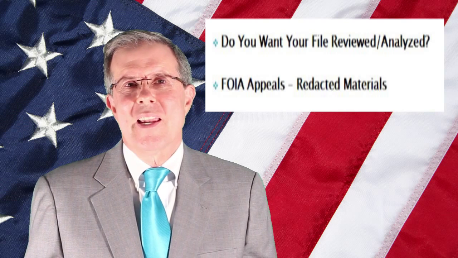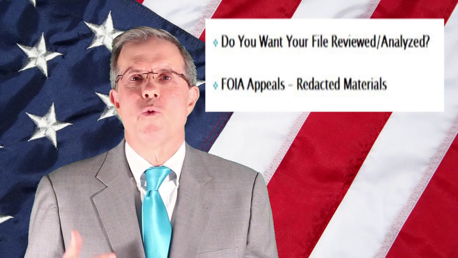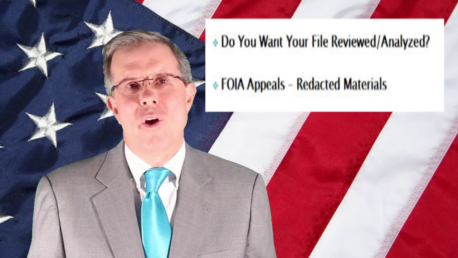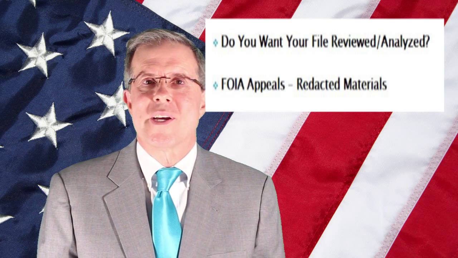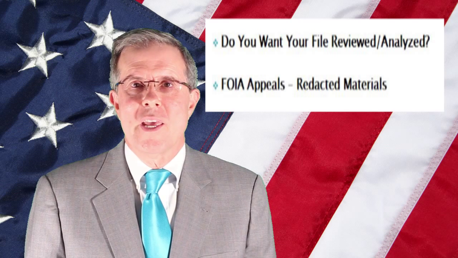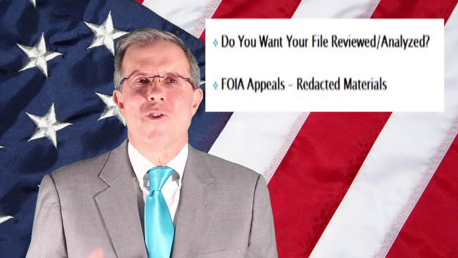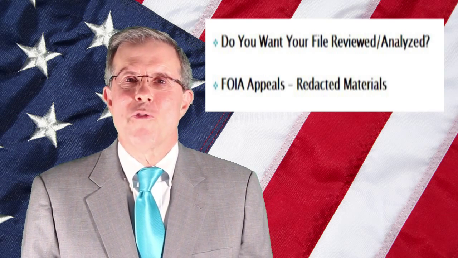And then secondly, if you have a complicated file, do you want it to get reviewed and analyzed? Well, unless you're an immigration lawyer, who's going to do that for you? Hopefully not a notario or a consultant. You want to hire the best immigration attorney that you can get. And then finally, the Immigration Service doesn't always give you all the paperwork in your file.